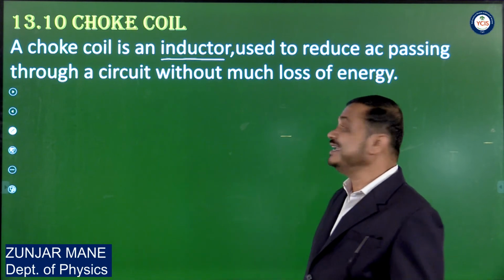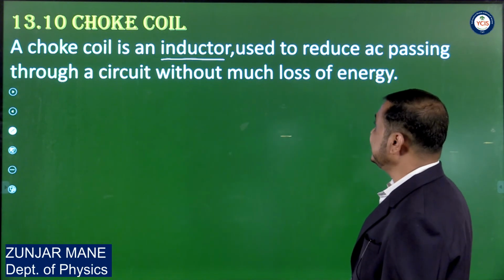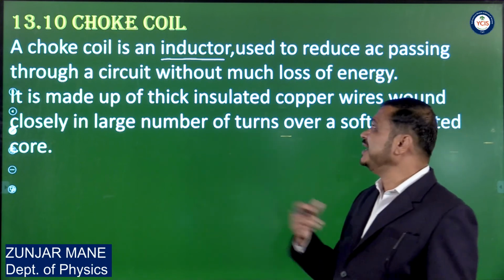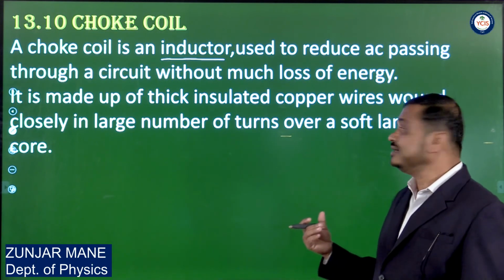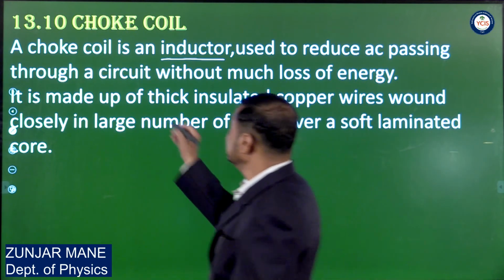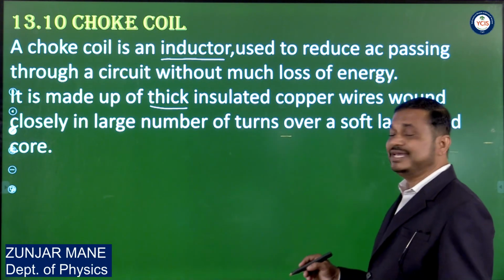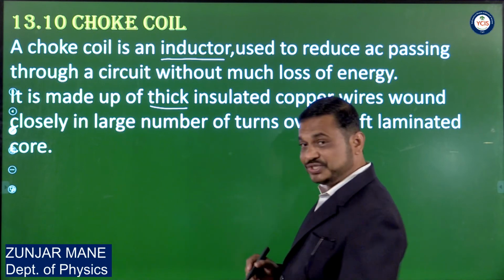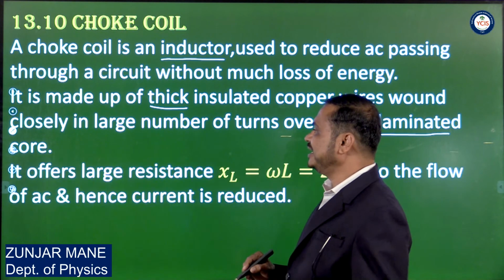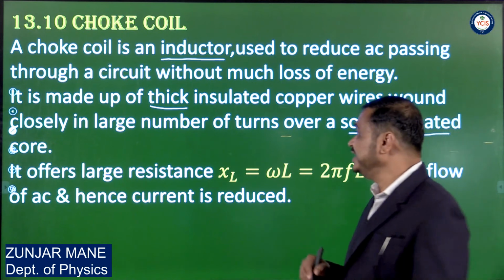So it is made up of thick insulated copper wire, since its resistance must be small, wound with a large number of turns over a soft laminated core, because the laminated core minimizes the loss of eddy current.